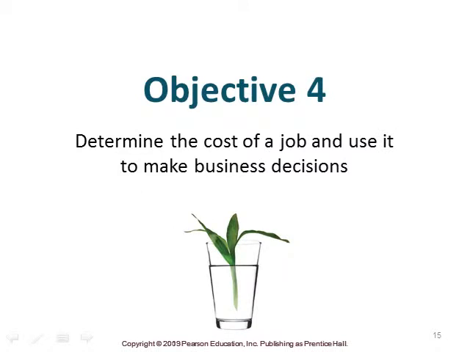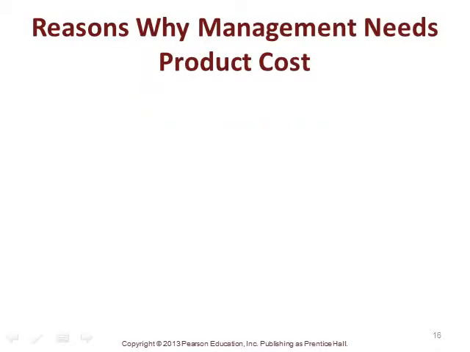So now we want to talk about how, once we've determined the cost of a job, we use it to make business decisions, right? Because what we have to talk about there is pricing implications, profit implications, competitiveness implications. These are some of the reasons why management needs product cost.